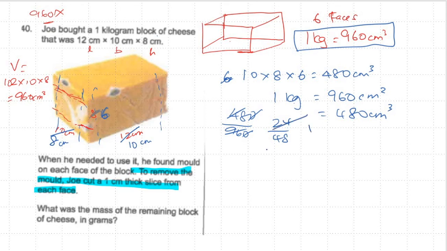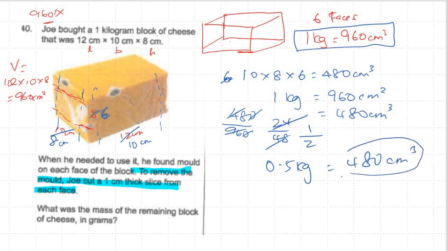Here 1, and here 2. So 1 divided by 2 is 0.5. So 0.5 kg is equivalent to 480 centimeter cube. That means the volume of this will give me 0.5 kg.